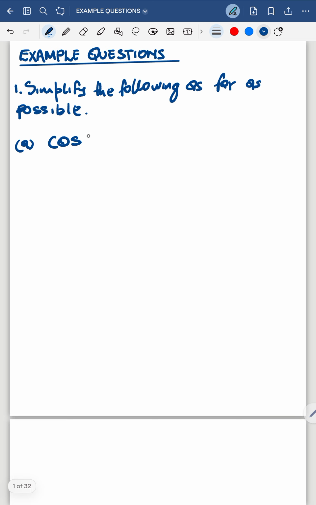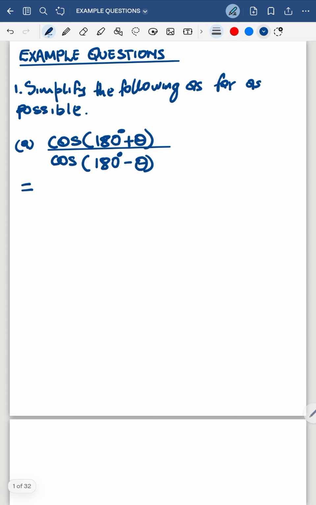So let's have cosine, open brackets, 180 degrees plus theta, close brackets. Then our denominator is going to be open brackets 180 degrees minus theta close brackets.